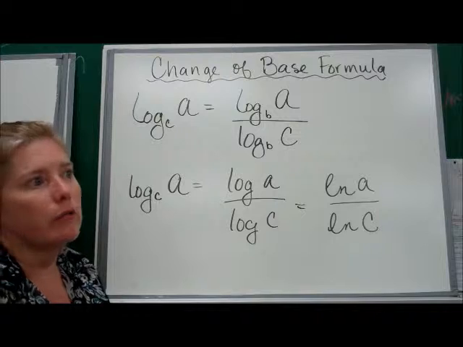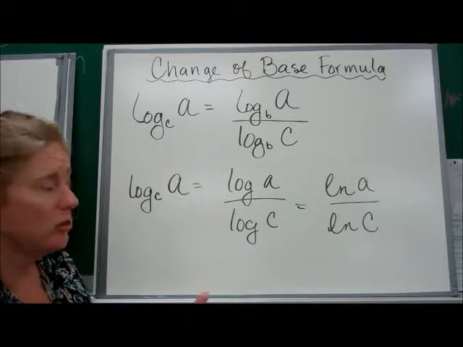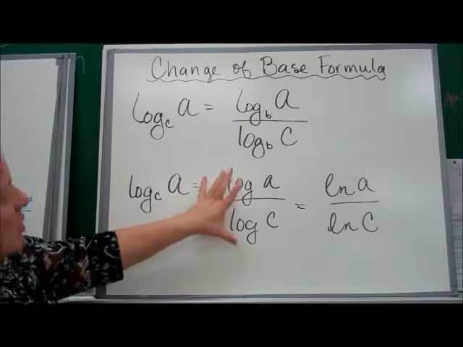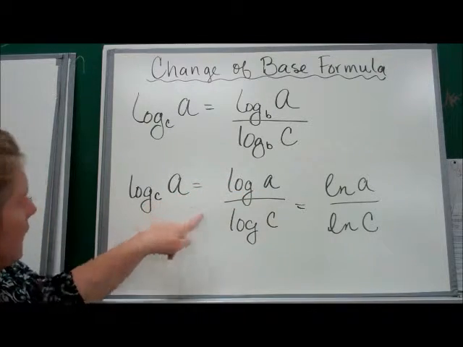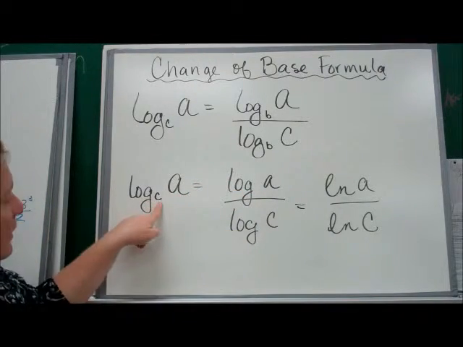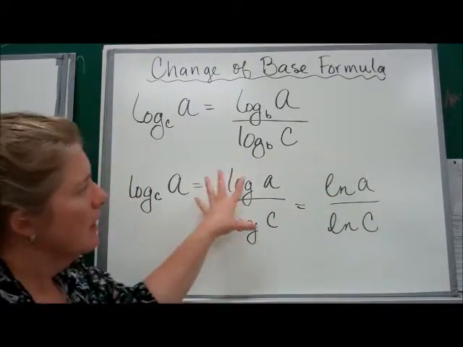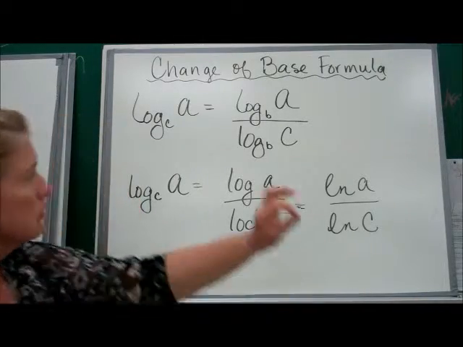Log base 3 of 14, I would definitely use the change of base formula to find the answer to. So log base c of a, we can change it to a common log. It's going to equal the log of a divided by the log of c, or the natural log of a divided by the natural log of c. It's going to give you the same answer no matter what you change that base to.